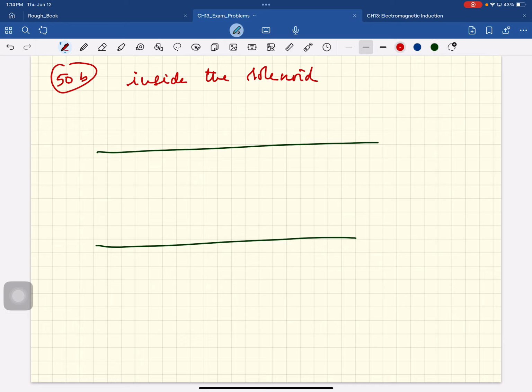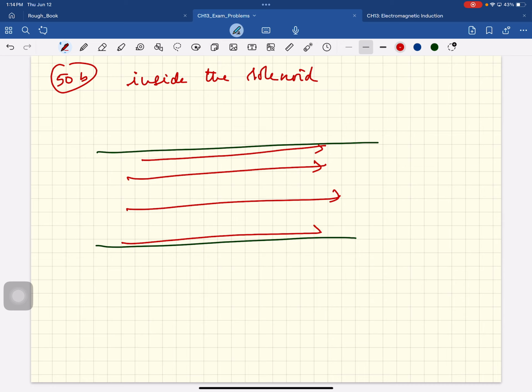Okay, so you're producing a magnetic field. And now if the ring is inside the solenoid, this is R. Now the flux is this area. The flux through this loop is this area.